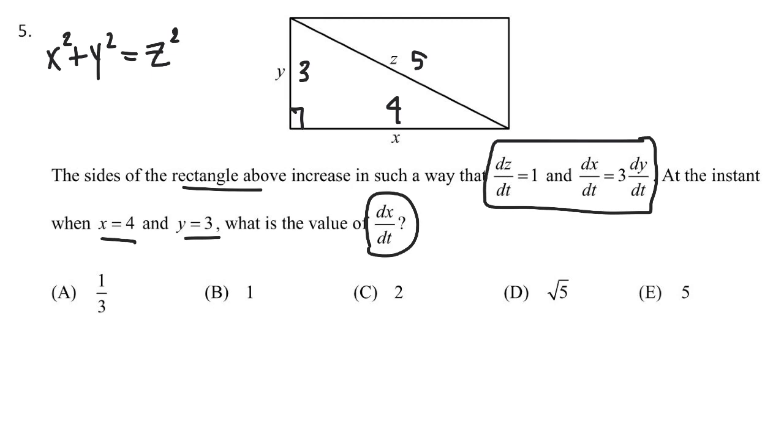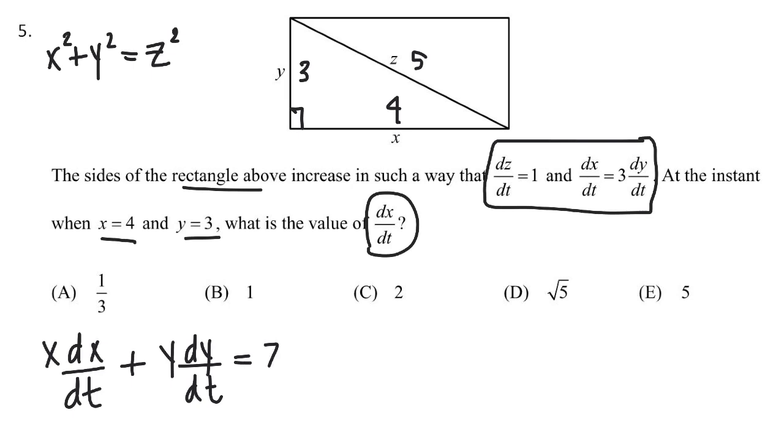So we have 2x dx/dt, and I'm just going to write x dx/dt, plus 2y dy/dt, so I have y dy/dt, equals 2 times z dz/dt, so I'm going to write z dz/dt, because those 2's would cancel out of every term there.